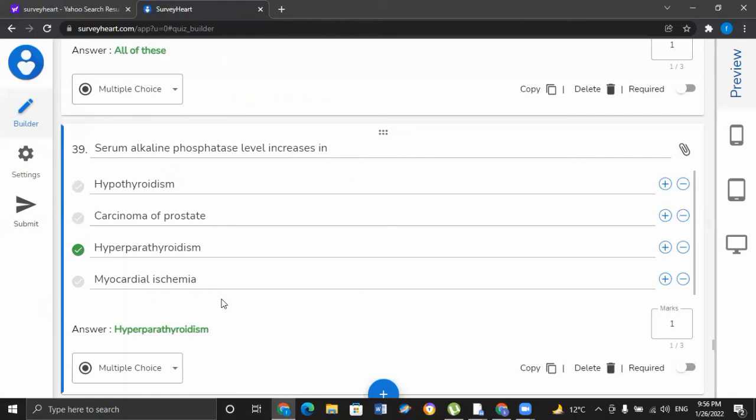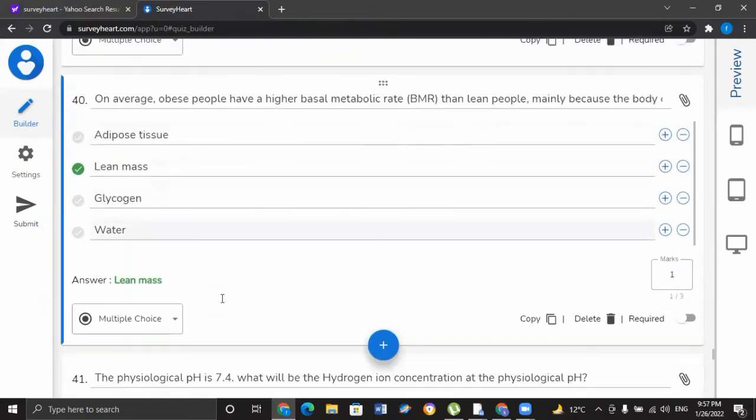So serum alkaline phosphatase level is related to hyperparathyroidism because it is increased in response of calcium in bones as well as in blood. So the correct option for MCQ number 39 is C, hyperparathyroidism.